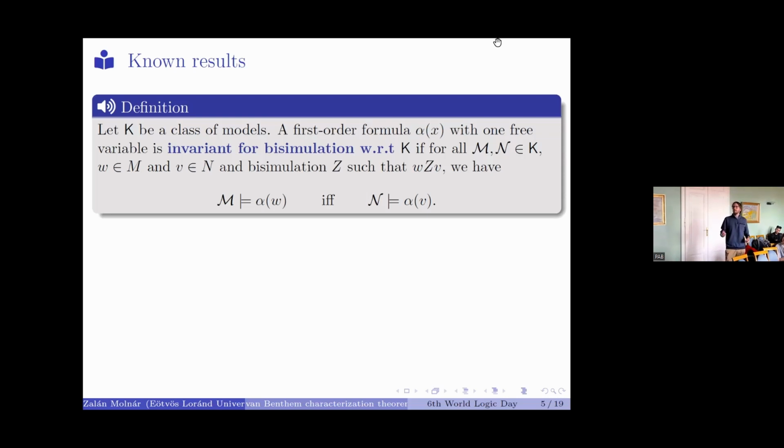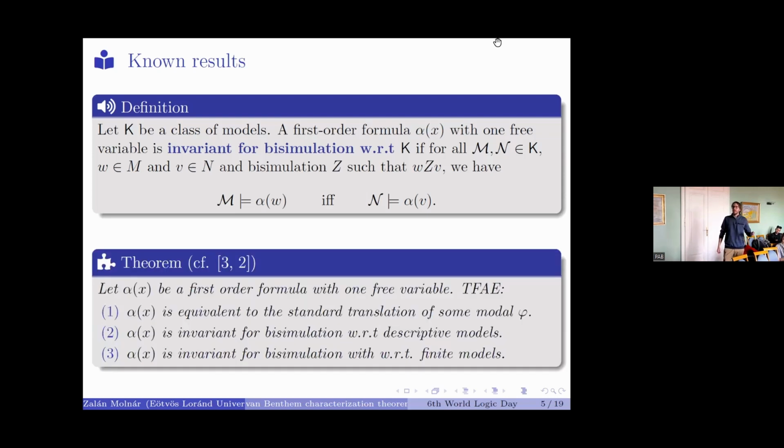We say that a first order formula with one free variable is invariant for K if and only if it is invariant with respect to all models from K. And it has recently been shown that we have the following equivalences, which are the restrictions to these very important classes that I have just mentioned, namely that a first order formula alpha(x) is equivalent to the standard translation of some modal formula just in case it is invariant under bisimulation with respect to these descriptive models.